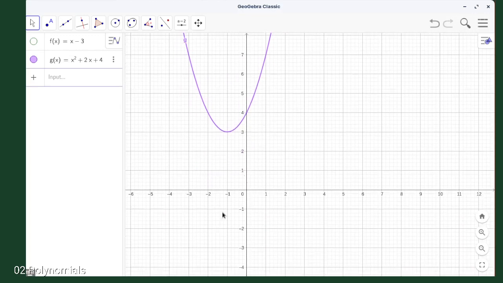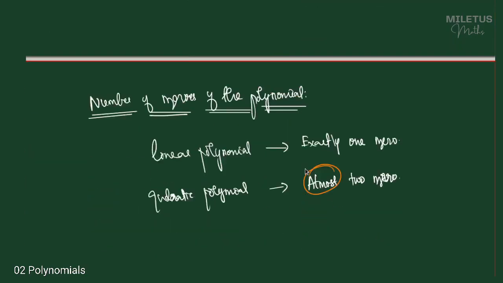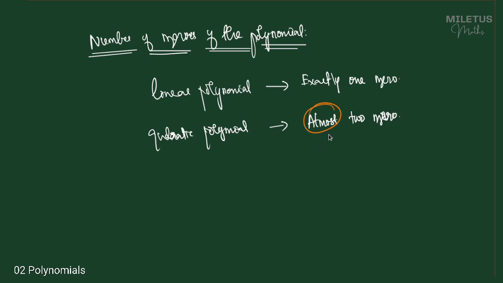It does not cut the x-axis at all, right? That means there are polynomials of degree 2 in which no zero exists. So we also have to say very carefully that for a quadratic polynomial, at the most I can get 2 zeros, meaning it can cut the x-axis a maximum of 2 times. That's the idea. Okay, fine.